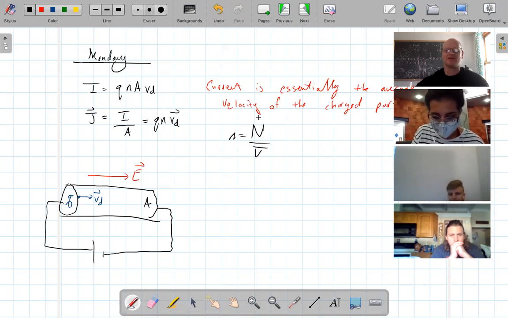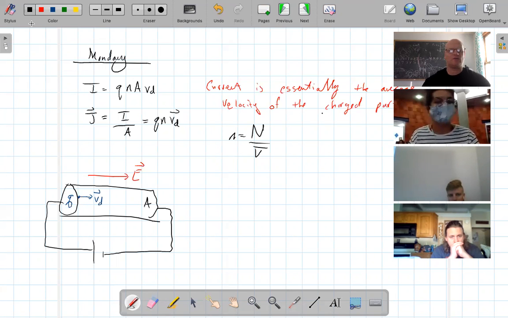This means the current is essentially just the average velocity at which the charged particles move across the wire, or whatever the circuit element is. From there, we can come up with the current density, which is the current per unit area, which is the charge of the charge carriers times the number density times the drift velocity. And this one is a vector, whereas the current is simply a scalar quantity.